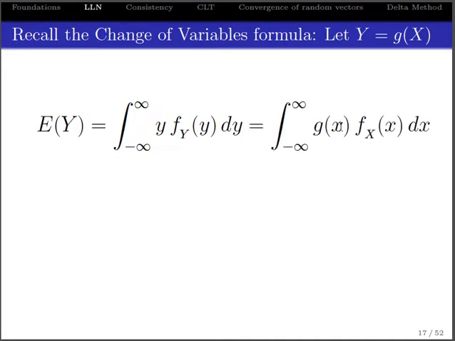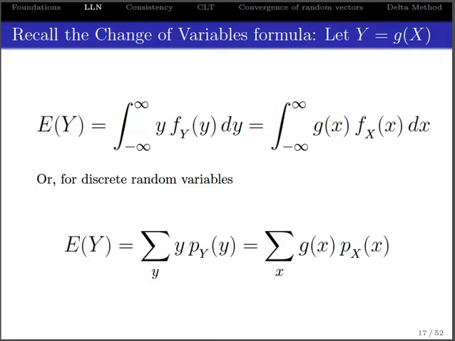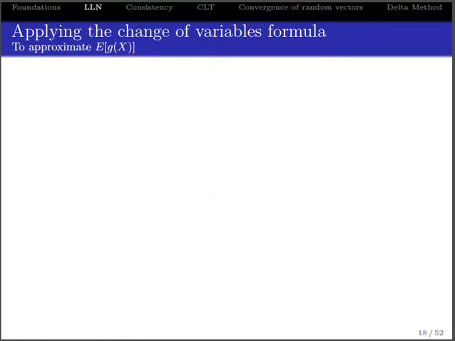But you can also get the same answer, says the change of variables formula, by integrating the function g of x against f of x. This is a very big theorem, and it applies under the most general possible circumstances. For discrete random variables, the integrals are replaced by sums. And yes, again, it's a big theorem, not a definition.